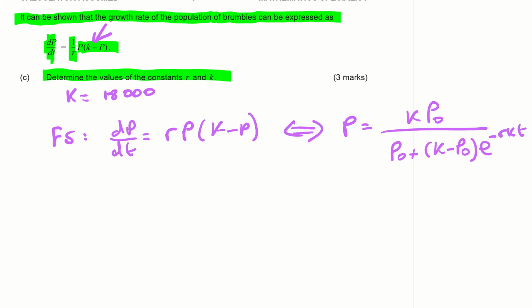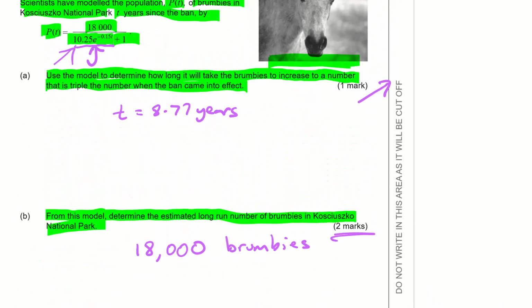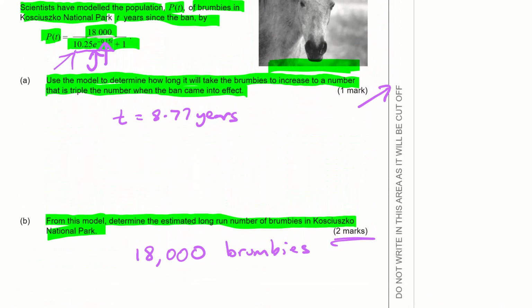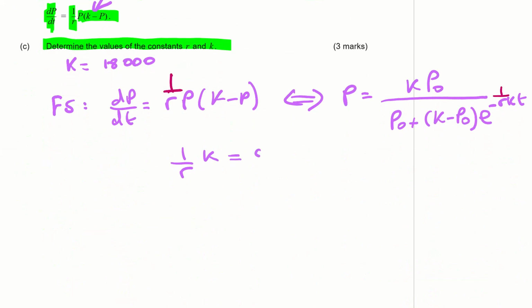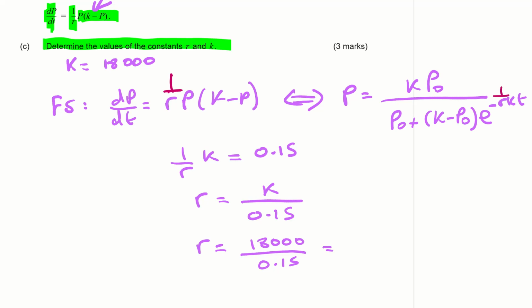Well, in ours, it is 1 over r there. So 1 over rk is going to be equal to, looking back at our formula, 0.15. And rearranging that, r is then going to be equal to k divided by 0.15. And that is 18,000 divided by 0.15, which is 120,000.